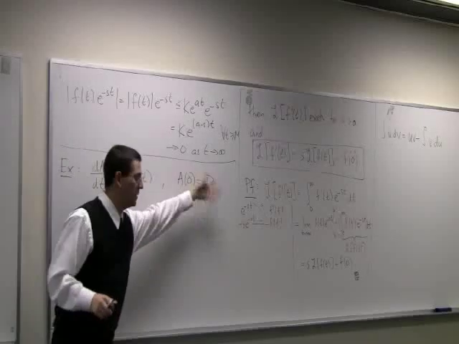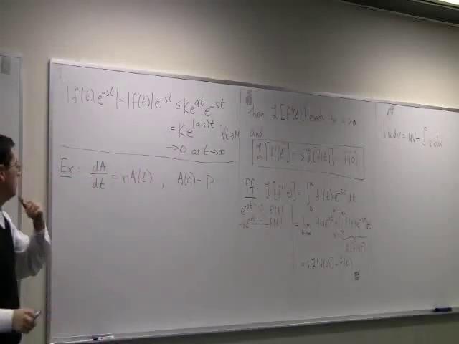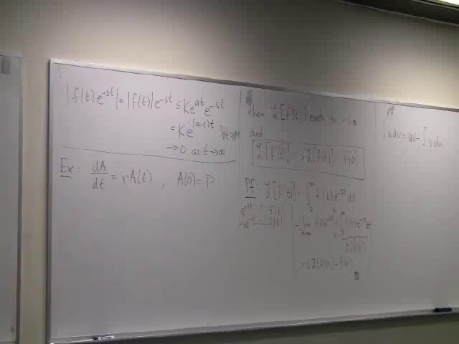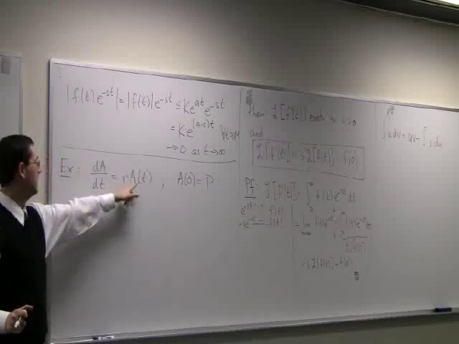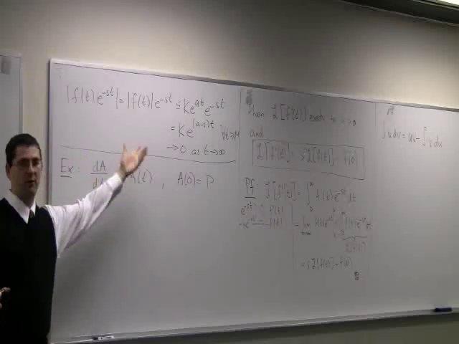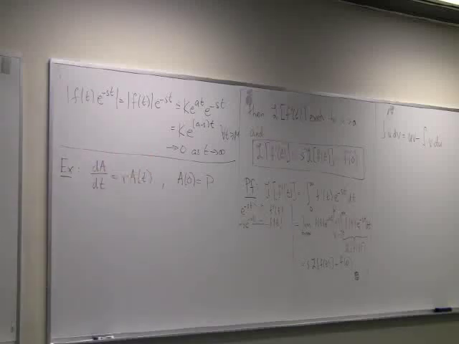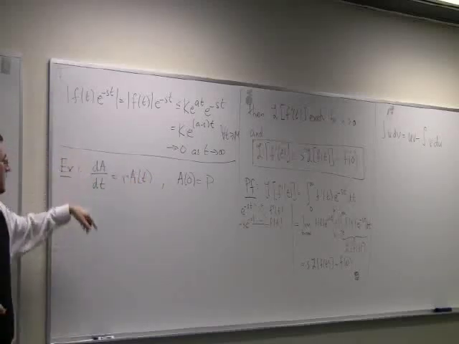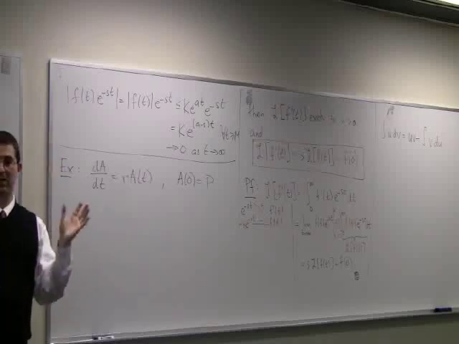You start with P dollars, and the interest that you get depends on the amount that you have in there. So the rate of change is exactly equal to the interest rate times the amount you have in the bank account. And we saw this is just a nice separable differential equation. You can move the dt to the other side, divide by A of t, integrate both sides and solve it.